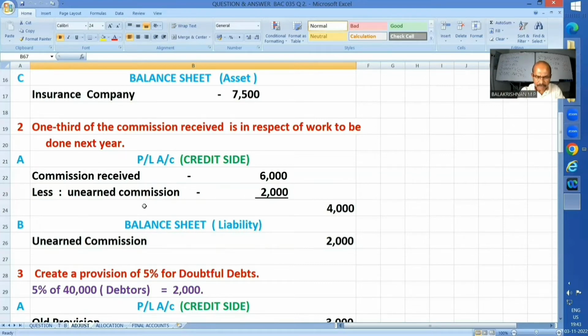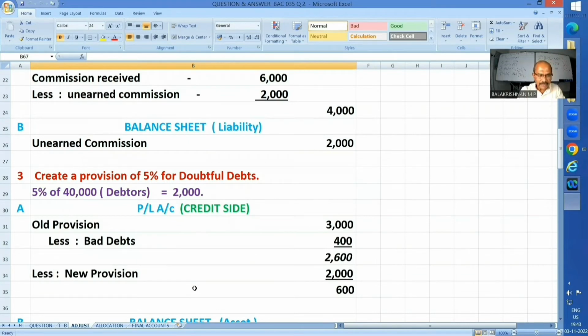That is pending. That's why it is called unearned. The net amount of 4,000 only I am eligible to take on the credit side of my income in the current year. And this unearned income is a liability, is it not? So I will show it on the liability side of my balance sheet under current liabilities.